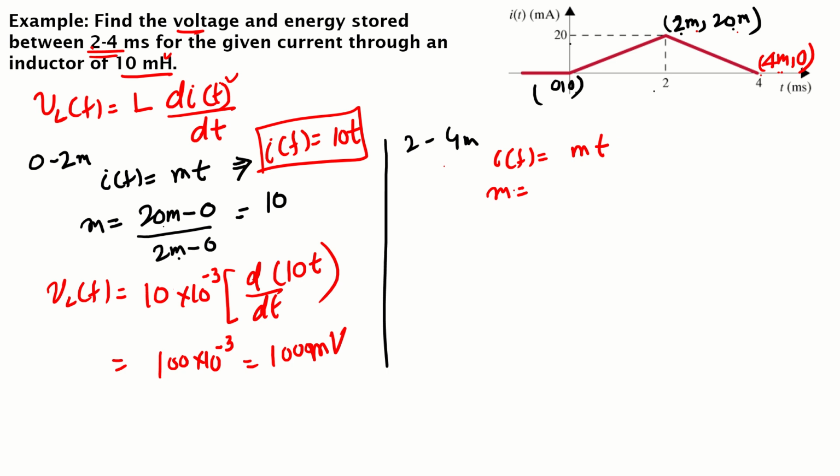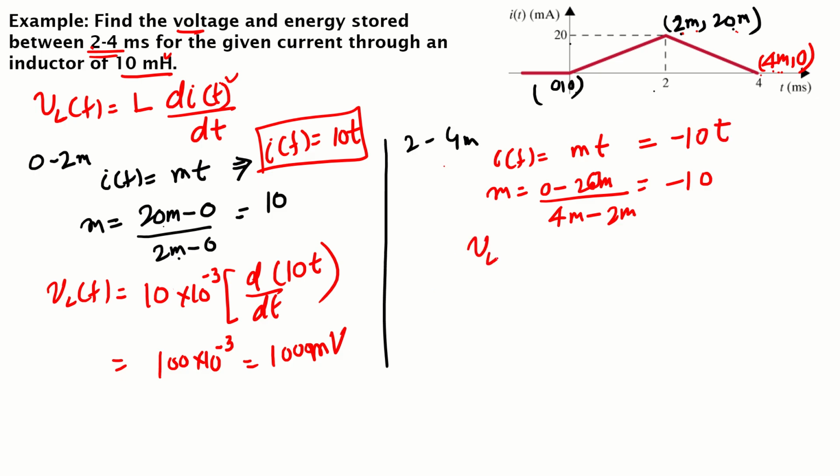So y2 is 0 minus the current, 20 milli, divided by x2, which is 4 milli, minus x1, 2 milli. So we have minus 20 divided by 2, which is minus 10. Our current form is minus 10t.